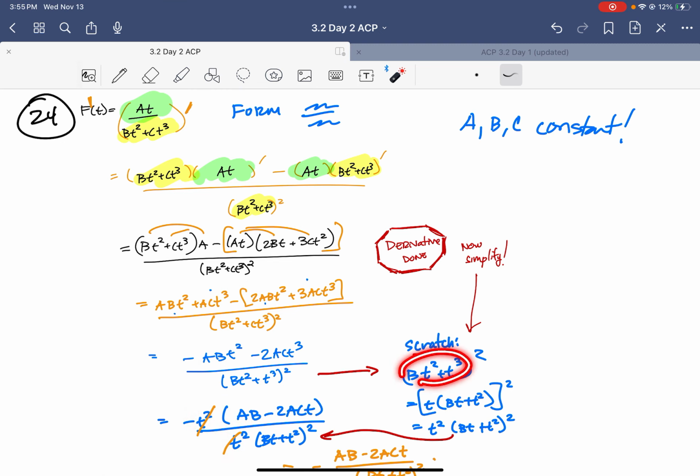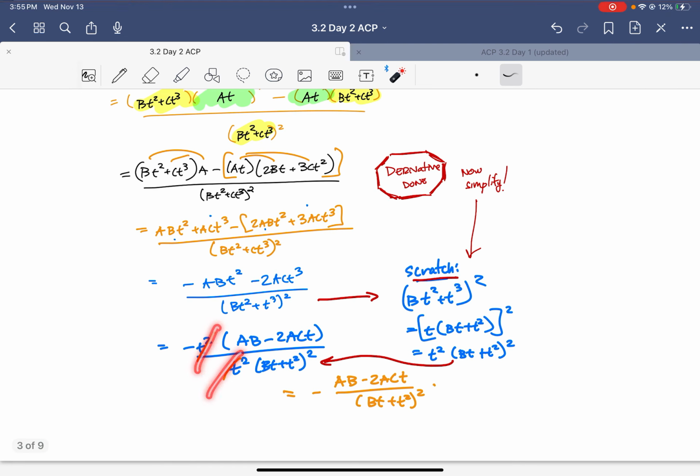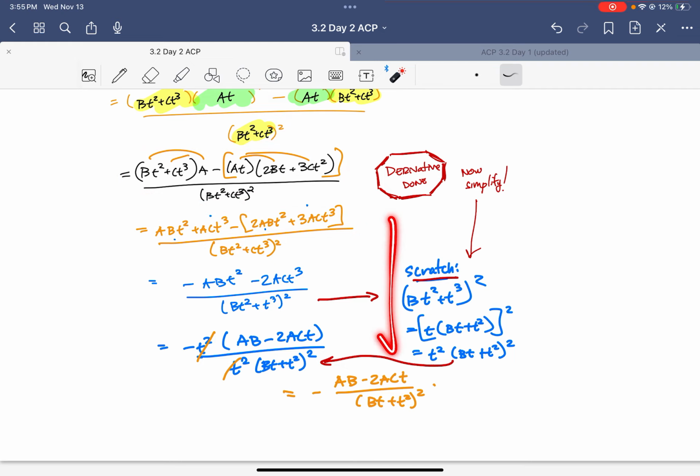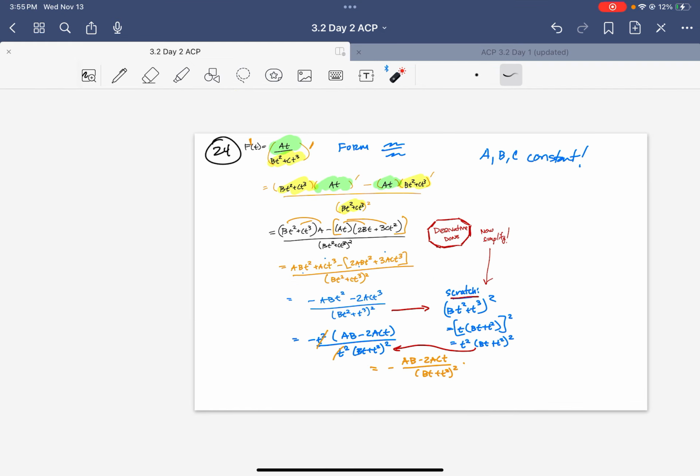So all you have to do is inside here, if you factor out one of those t's, well then things multiplied together, raised to a power, you just distribute, and you get t squared times stuff squared. Putting that in the bottom, then now those t squareds cancel, and you're left with this. So again, if you were just taking the derivative without simplifying, you could stop here. If you must simplify, you get to here.